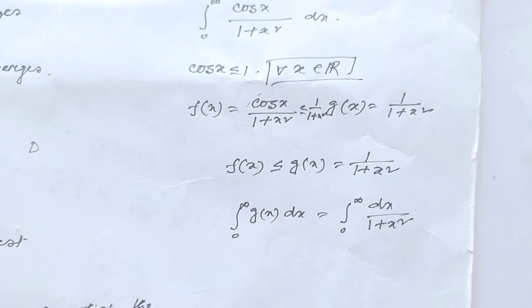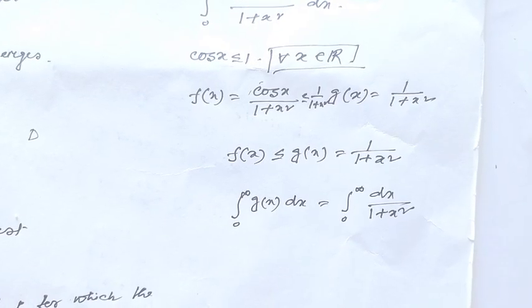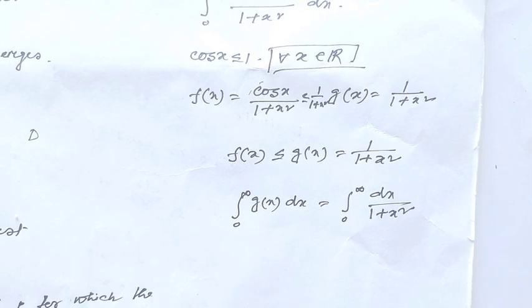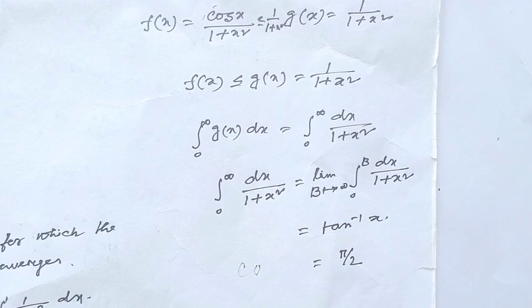Then we have to show g(x) is convergent. By the comparison test, if g(x) converges, then obviously f(x) is convergent. Integration 0 to infinity dx over 1 plus x squared equals limit b tends to infinity integration 0 to b dx over 1 plus x squared.